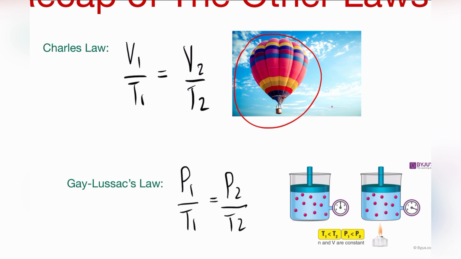When we have an increase in temperature, we have an increase in volume, and this is a direct relationship. So if we lower the temperature of that flame, the volume would decrease, or this hot air balloon will shrink.